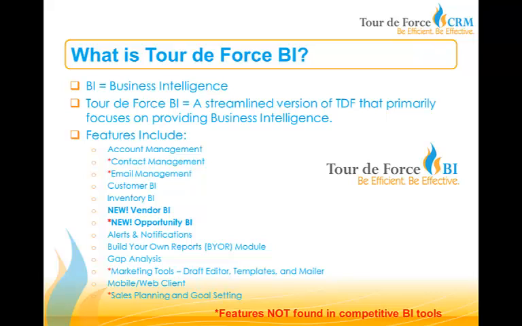So if you take a salesperson, maybe a salesperson gets an alert sent to them every day that gives them a list of any new accounts that got added to their territory, any new contacts, all the orders that were placed in their territory, any orders that are past their required date, a detail of every line item that got invoiced. You can get as granular as you would like in the alerts and notifications in Tour de Force, and that is a piece of the business intelligence.